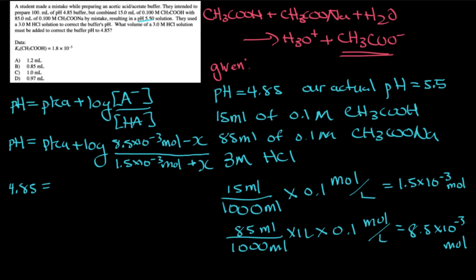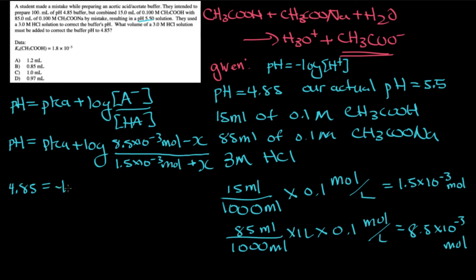anytime you see a P in front of something, in chemistry it means the minus log of whatever it is. So in the case of pH, we have the minus log of our hydrogen concentration. And in the case over here, we have the minus log of our Ka value.